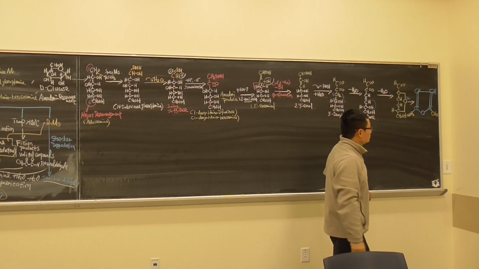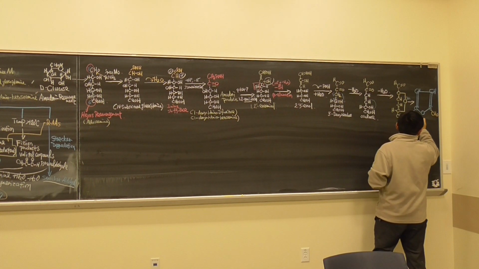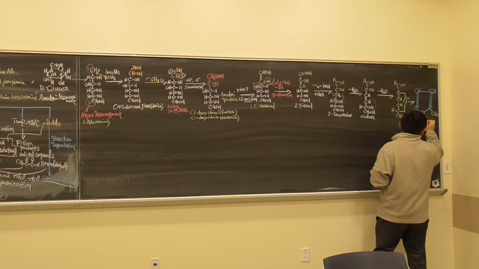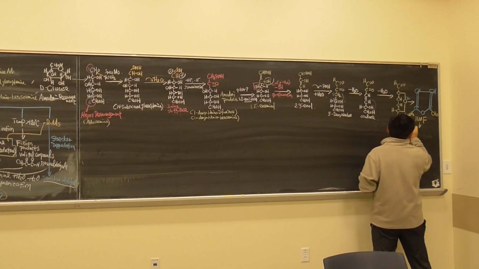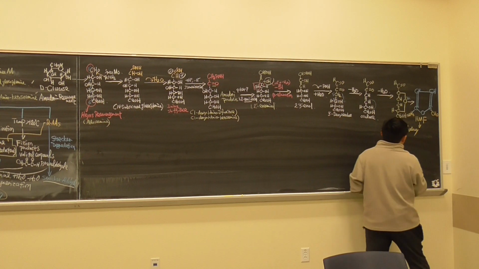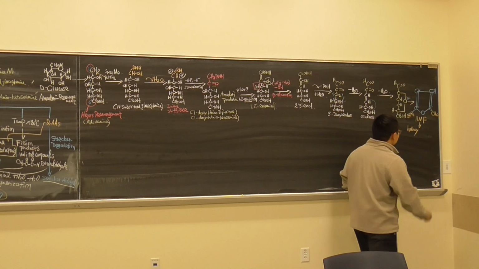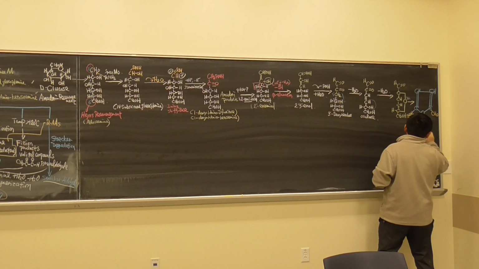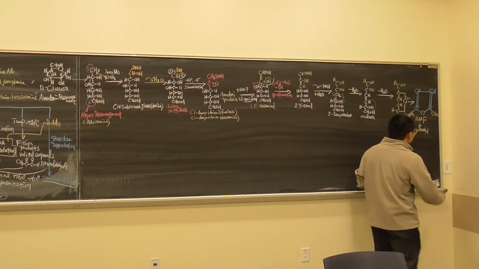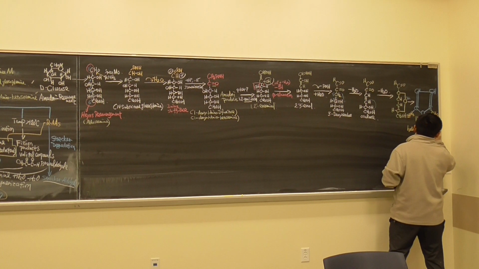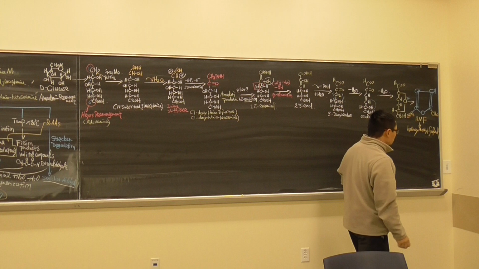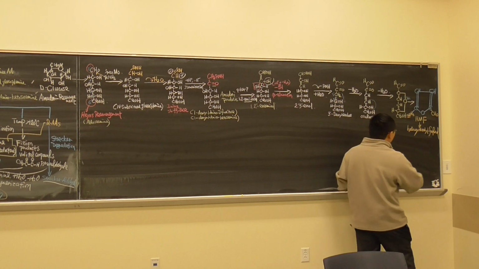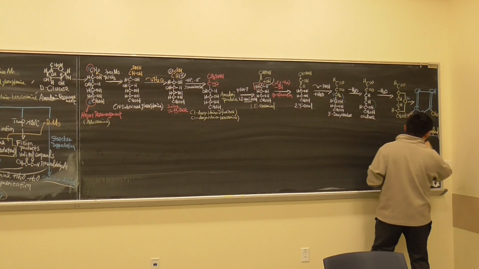What is this one? HMF. The full name: hydroxy, right here OH, CH3 we call a methyl, CHO we call a furaldehyde. We only sometimes call it by the acronym, hydroxymethylfurfural.